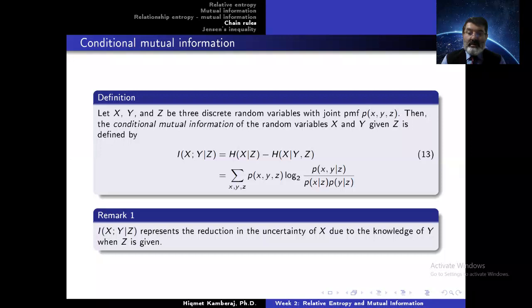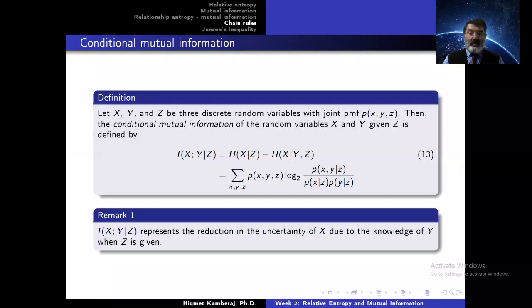Then the conditional mutual information of the random variables X and Y given Z is defined by I between X and Y given Z, equal to H of X conditional on Z minus H of X conditional on Y and Z, which is equal to the triple sum over x, y, and z of p of x, y, and z, log with base 2 of this ratio, p of x and y conditional on z over p of x conditional on z and p of y conditional on z.